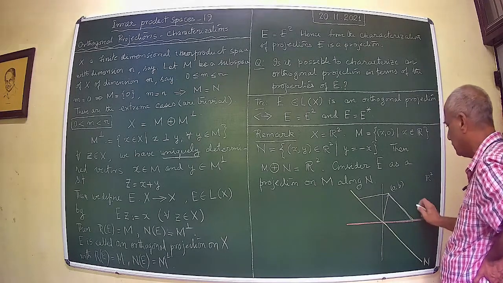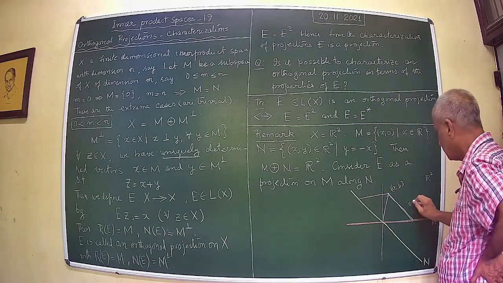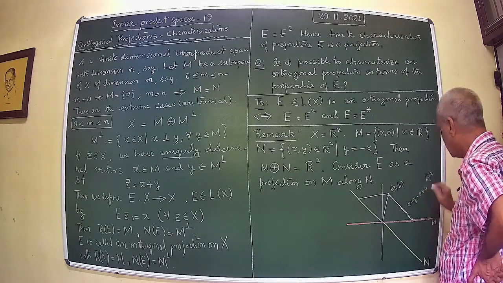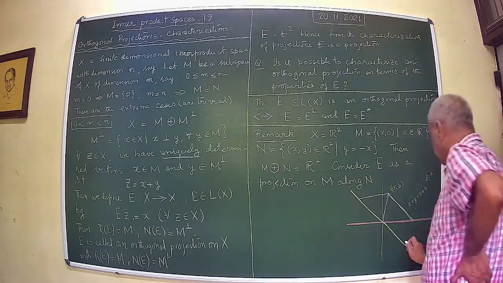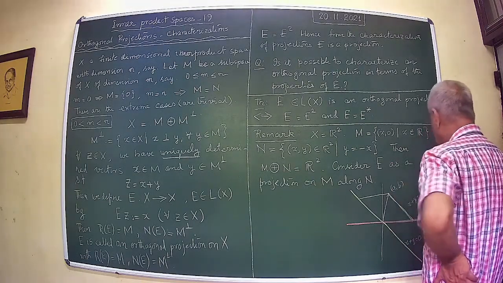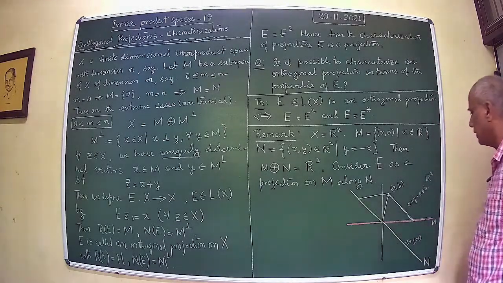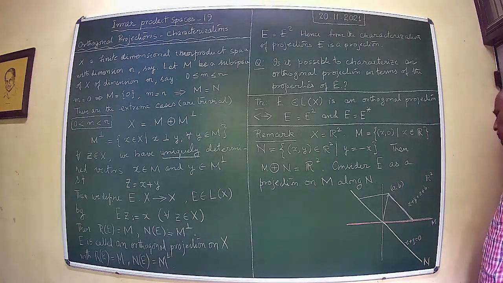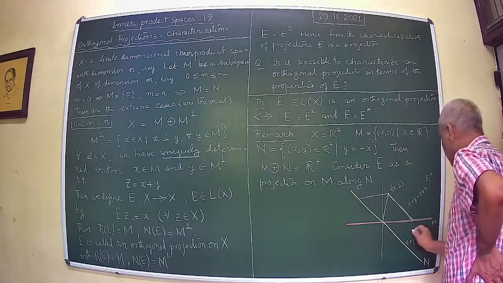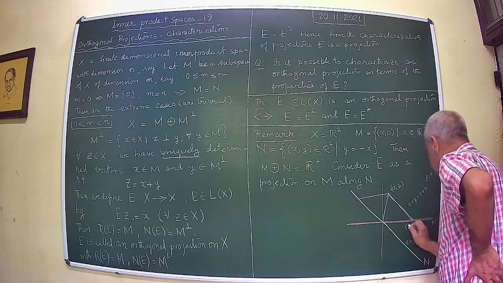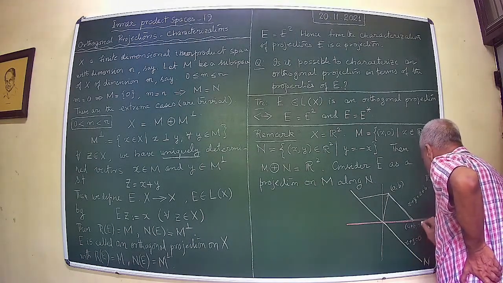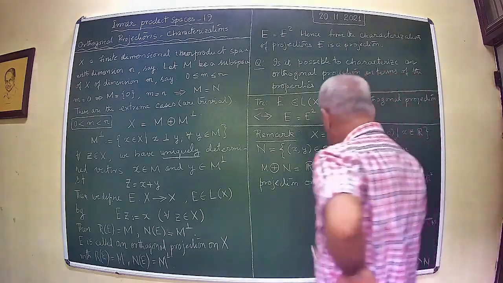This is the line x plus y equal to a plus b, parallel to it, and now we are trying to find the intersection of this with the x-axis. That is, you put y equal to 0, then the point of intersection is going to be (a plus b, 0). So (a, b) gets projected to (a plus b, 0).